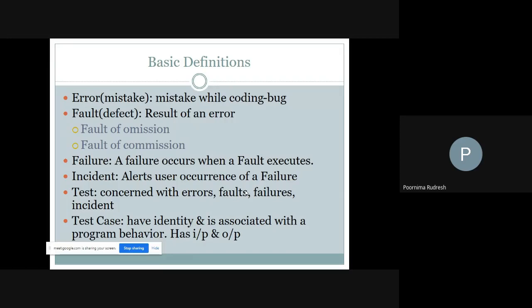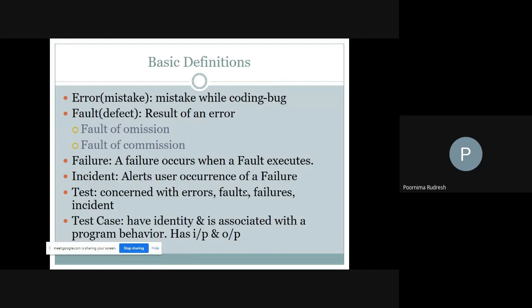The best example is when you are writing C programming. What is the first line you write? You include the header files, right? So suppose that is include stdio.h.